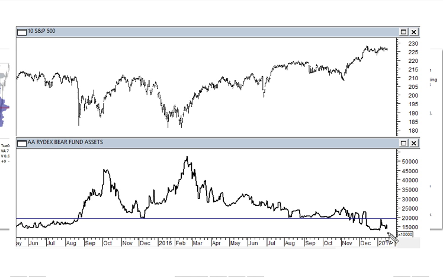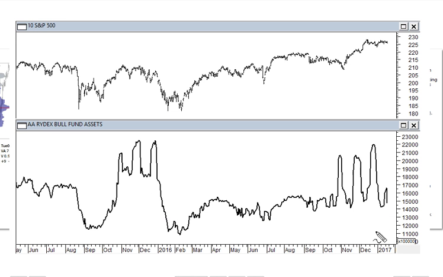We're looking at the bear fund assets here, which remain really low. And here we're looking at the bull fund assets, and you can see how volatile they've been recently. Reached their highest level since the start of 2016 at this point. But interestingly, the bull fund assets have declined rather sharply from that point. It's probably nerves regarding today's event.